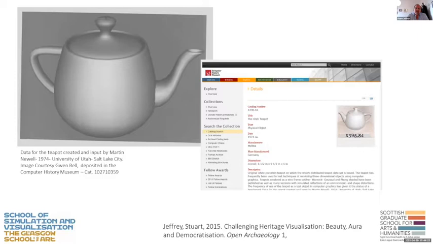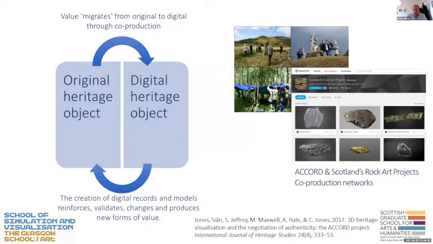And it's not thinking necessarily about the digital heritage objects that we create in reference to the original objects. It's those objects as effective items that have a life and a meaning in their own right. So there's been a lot of research about this, how this might be done, the relationship between a digital replica and its original, and how that replica can become an effective object in its own right.